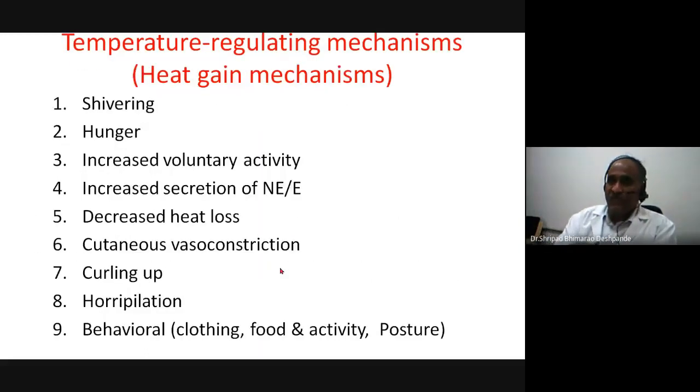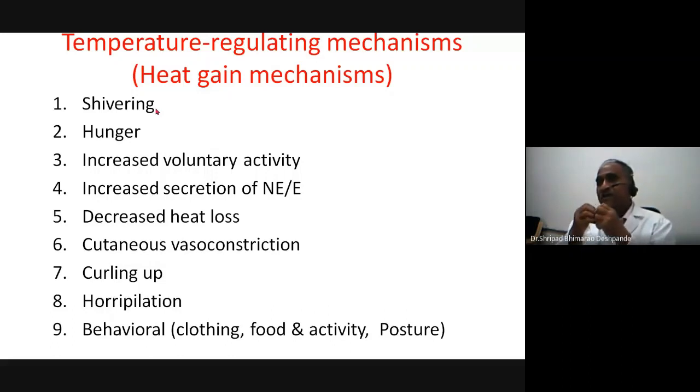Now moving further, these are the heat gain mechanisms. What are the various heat gain mechanisms in our body? That means these are heating mechanisms in our body. One is shivering. Shivering is an involuntary muscle contraction. So it's like this. So that means there is involuntary muscle contraction.